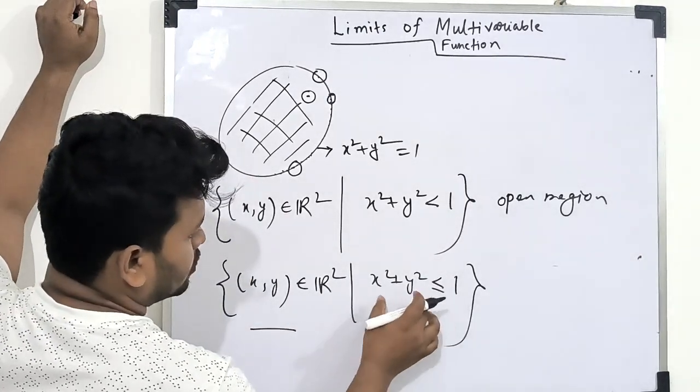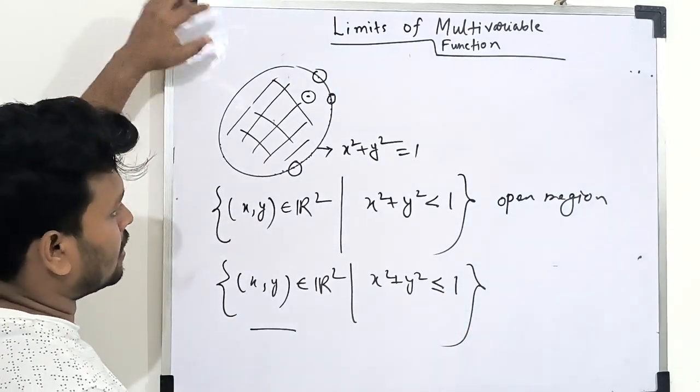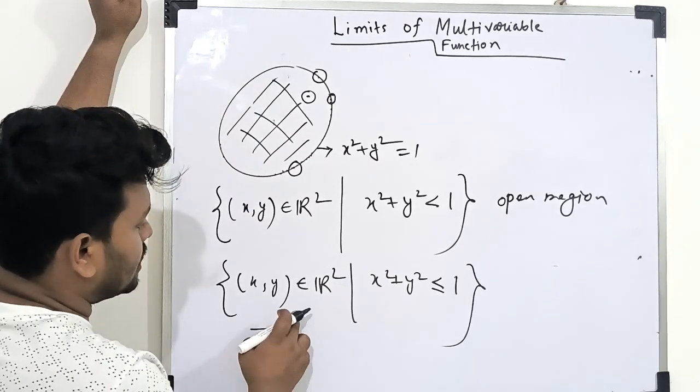As this is less or equal to, when x squared plus y squared equals 1, all points on this circle are contained within the set.